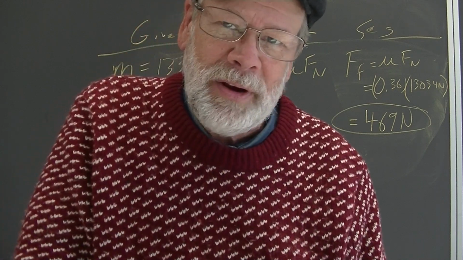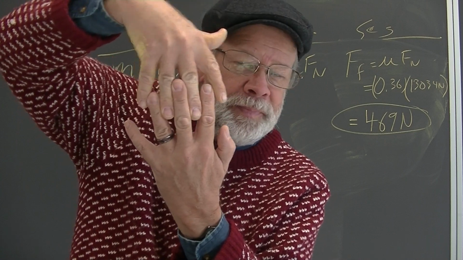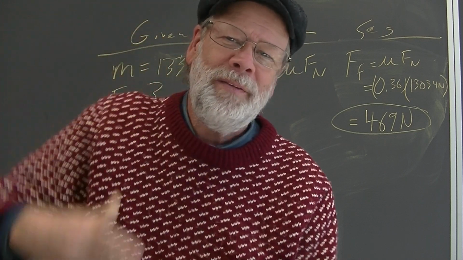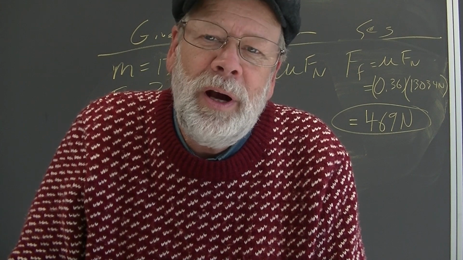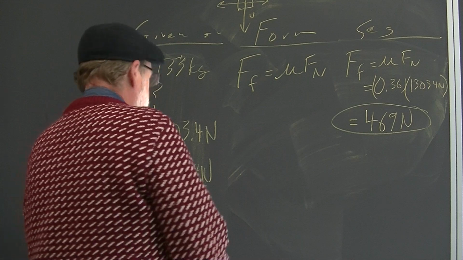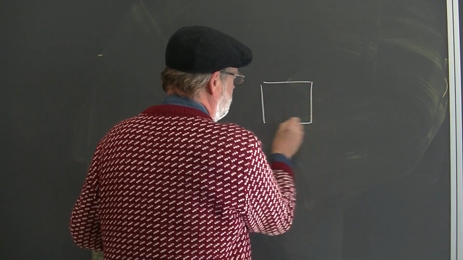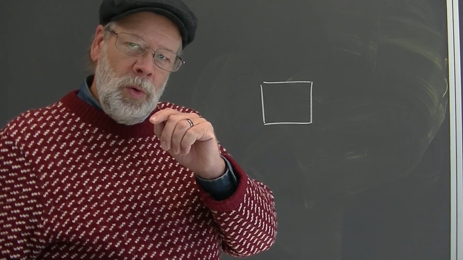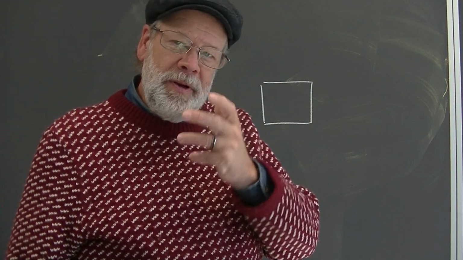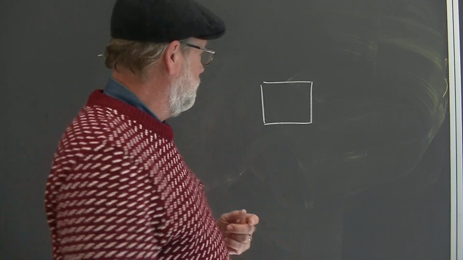What about static friction? We know static friction is more because the surfaces have a chance to interlock. Well, what would be a way of determining your coefficient of static friction? Be aware for static friction, there's going to be a certain maximum amount that the object can resist up to.